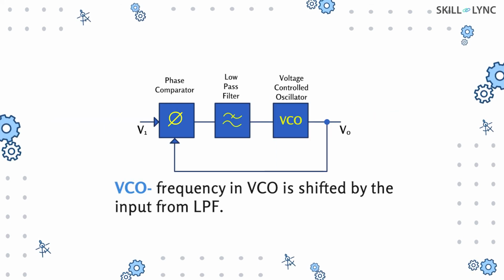The voltage controlled oscillator, or VCO, produces certain frequencies when no voltage is applied to it. This frequency can be shifted by the output of the LPF, to either side depending upon the input from the LPF. This process continues until the frequency in the VCO is equal to the frequency in the phase comparator. The final output, which is the message signal, is taken from the VCO.